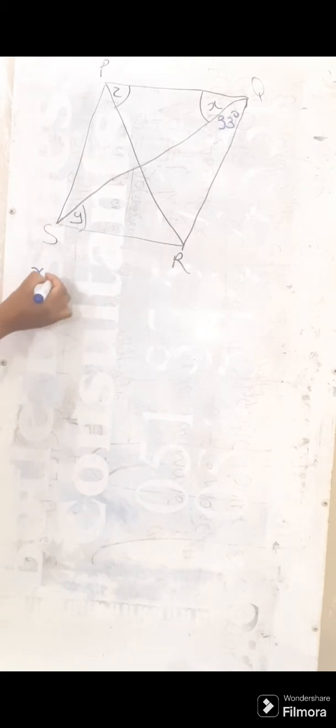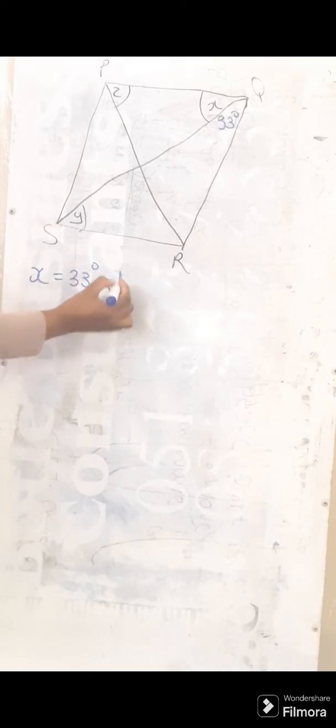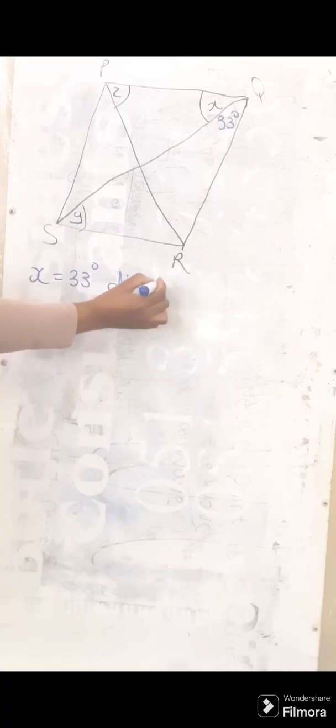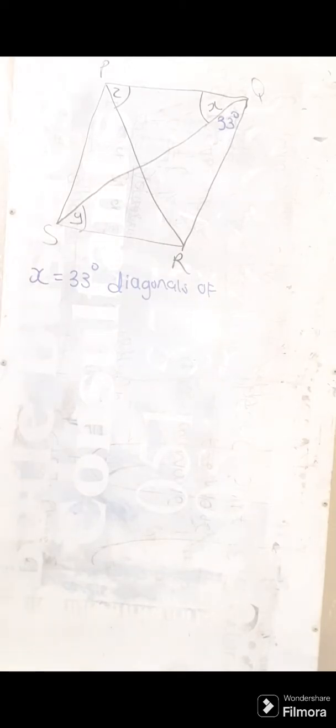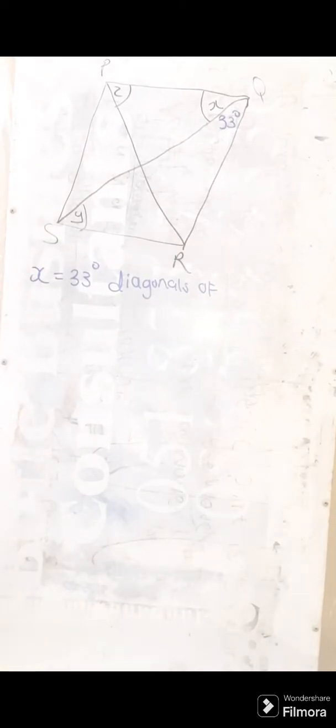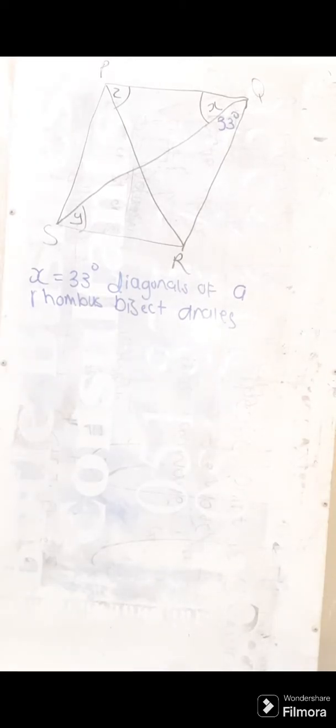So X equals 33 degrees because diagonals of a rhombus bisect angles. So that is why X will also be equal to 33. So now you will be asked to calculate Y.